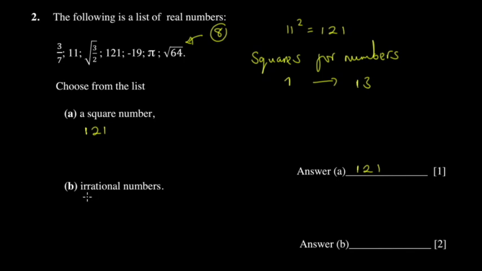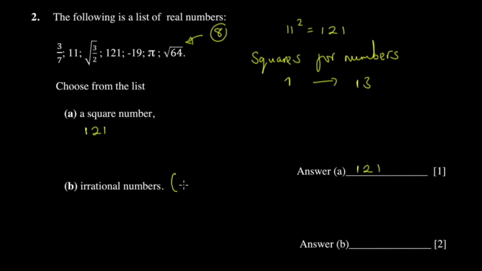Irrational numbers. Now, irrational numbers, what are they? They are numbers which cannot be expressed as ordinary fractions. Let me actually write here. Numbers which cannot be expressed as ordinary fractions.